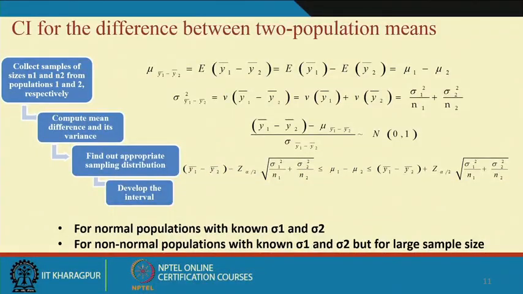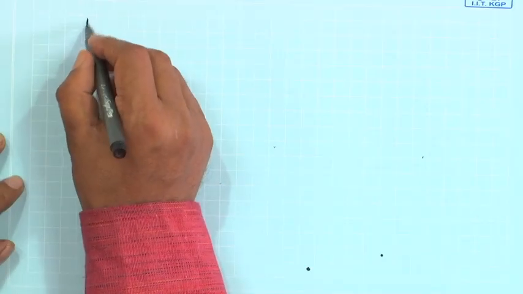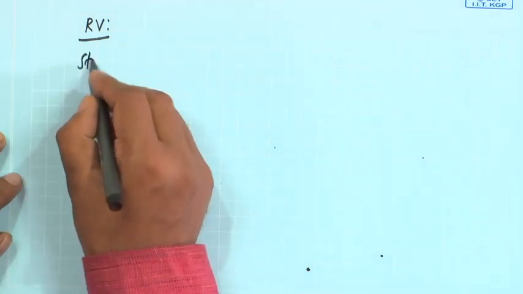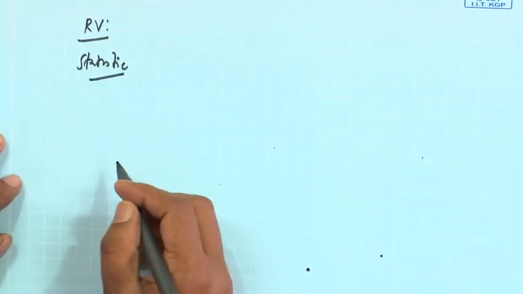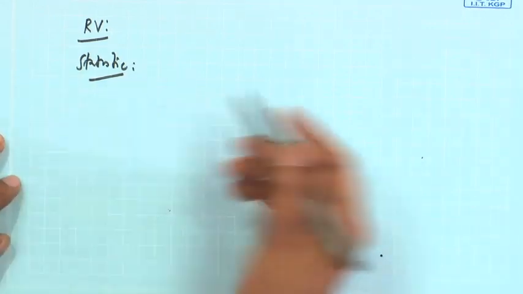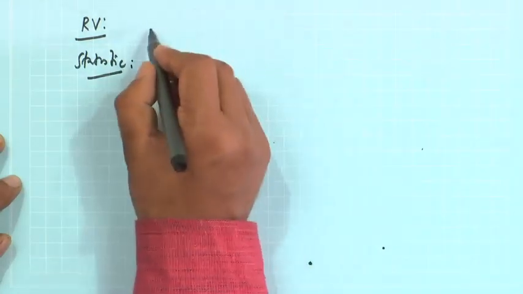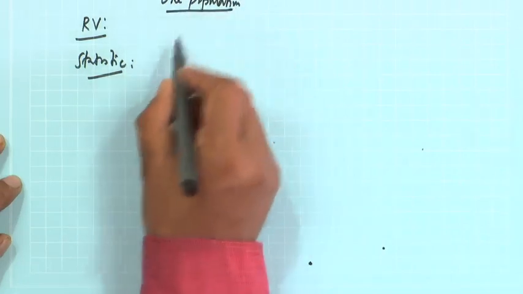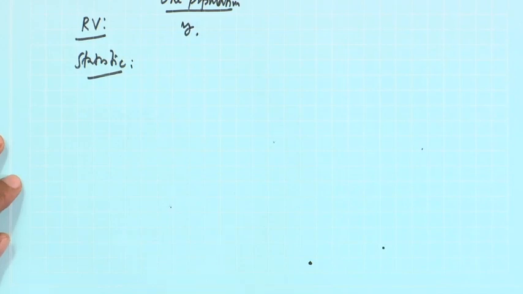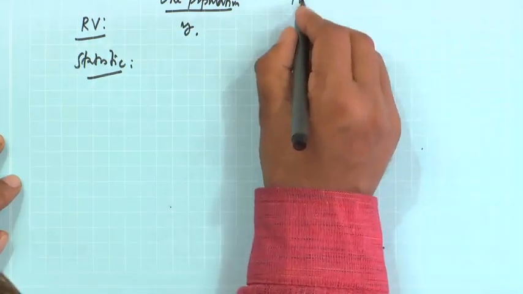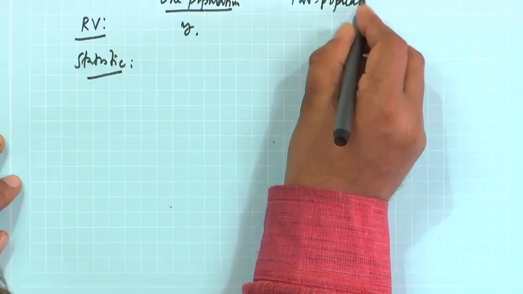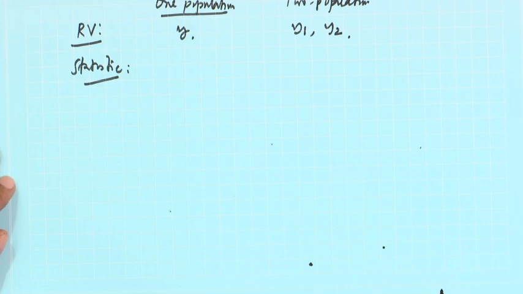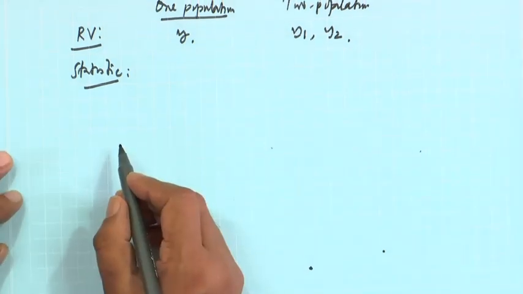Now, very quickly I will go to two population means. Please remember that here we are interested in the random variable of interest, the statistic. When it is one population, the random variable of interest is y. For two populations, the random variables are y1 and y2.